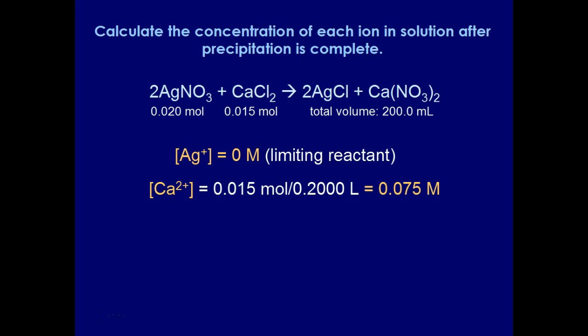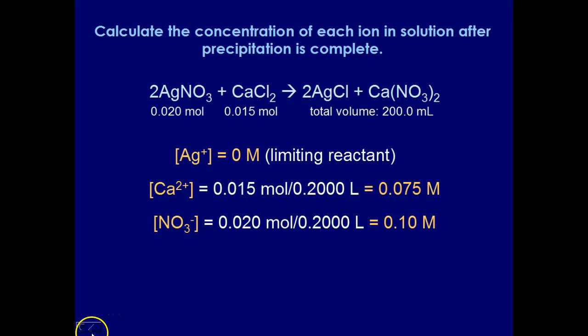It's a 1:1 ratio between calcium and calcium chloride. So there's 0.015 moles of calcium ions present in a 0.2000 liter solution. So the concentration roughly halved. The same thing occurred for nitrate. There's only 1 nitrate in silver nitrate, so therefore the moles of silver nitrate are the same as the nitrate ion, and then we divide it by the new volume, so the concentration halved as well. This excess ion is the one that we've got to focus on right now.